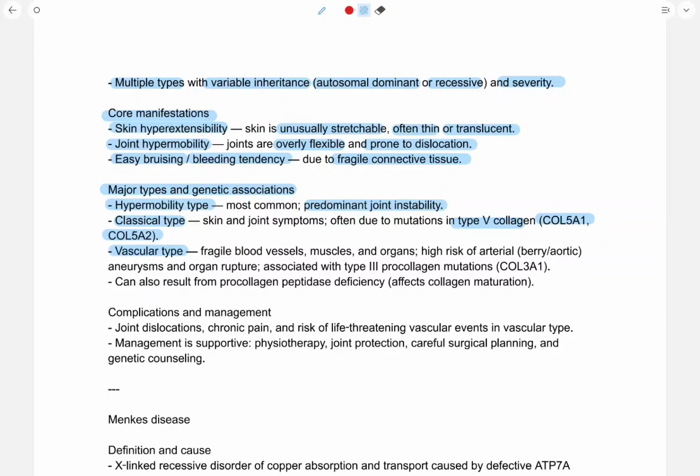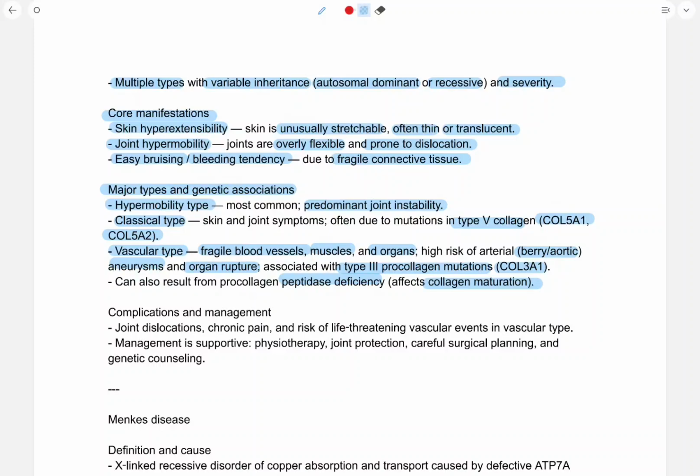Vascular type involves fragile blood vessels, muscles and organs, with high risk of arterial, berry or aortic aneurysms and organ rupture. It is associated with type 3 procollagen mutation, gene COL3A1. It can also result from procollagen peptidase deficiency that affects collagen maturation.